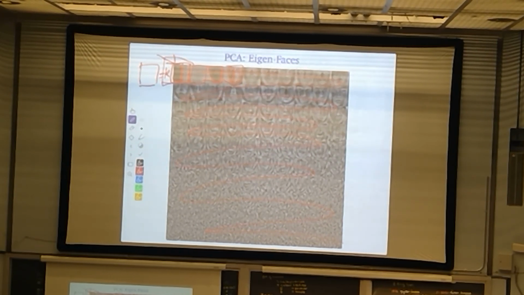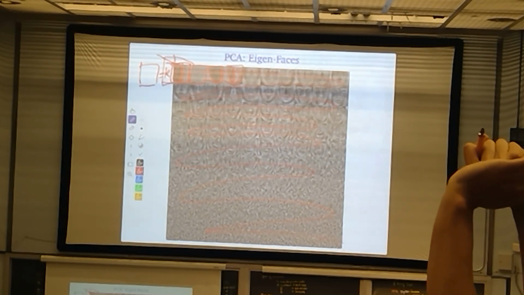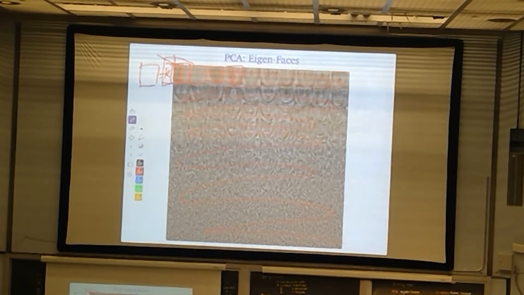But what do all these values in the PCA actually mean? It means these patterns co-occur so often that I might as well just summarize them in one direction. These are the most common co-occurring patterns, and that becomes my first PCA. It's the major subspace.